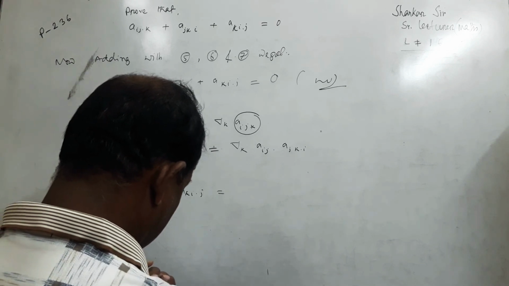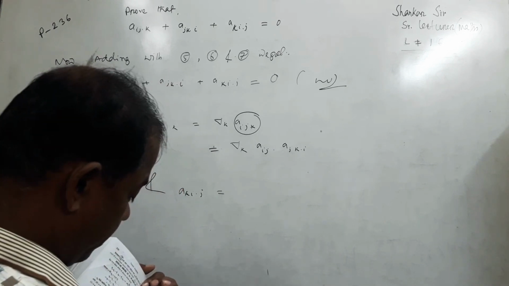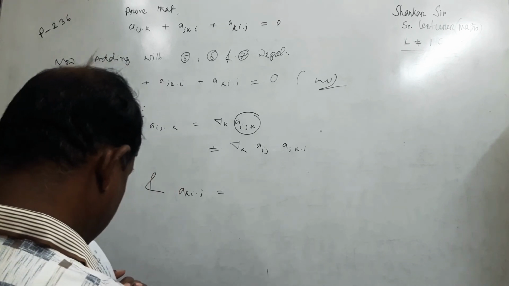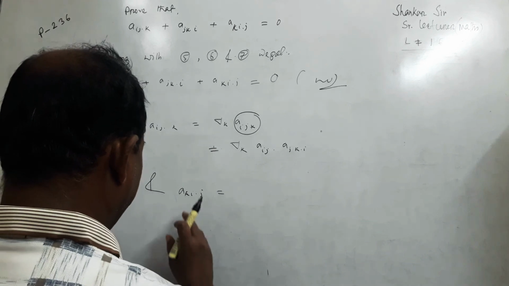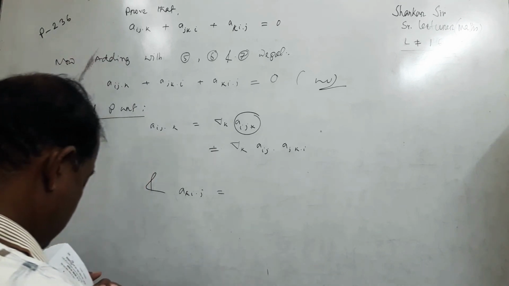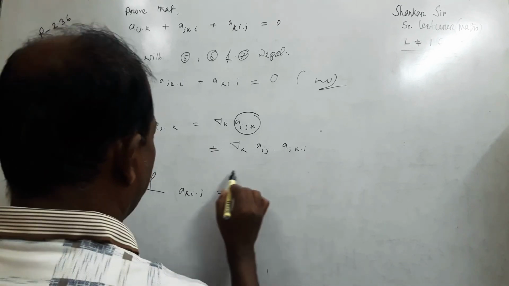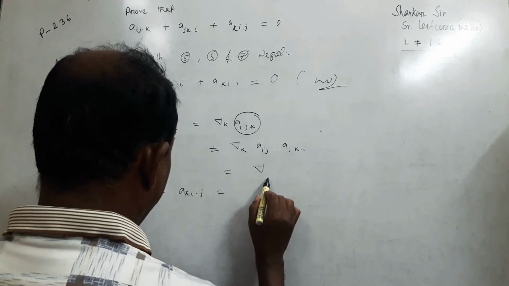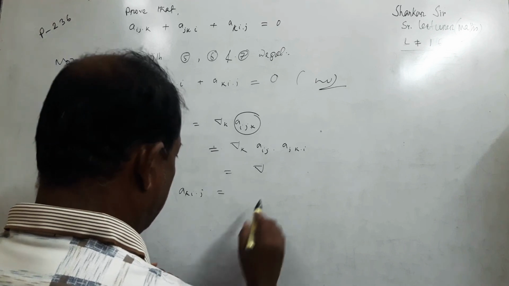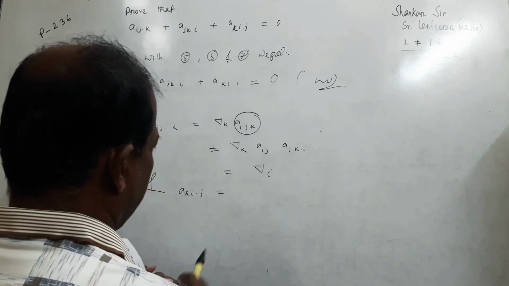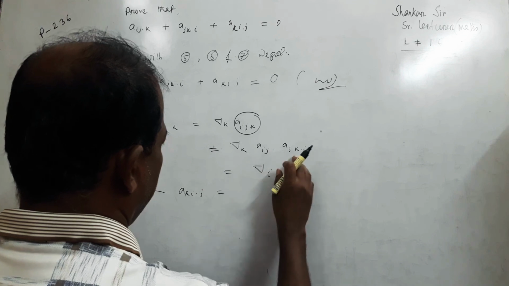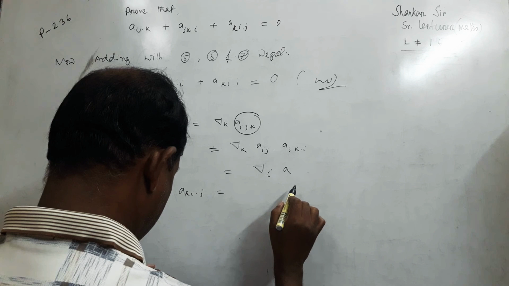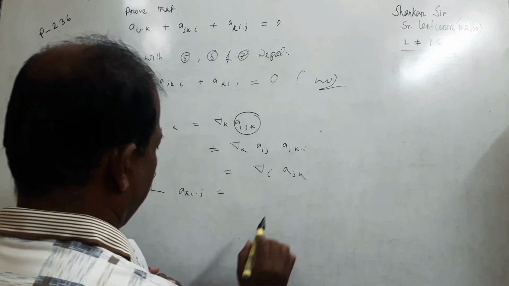and a k i and a k, equal to derivative of del j, derivative of del i a j k.